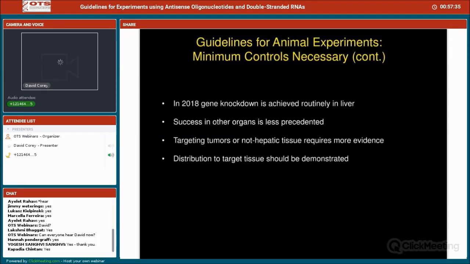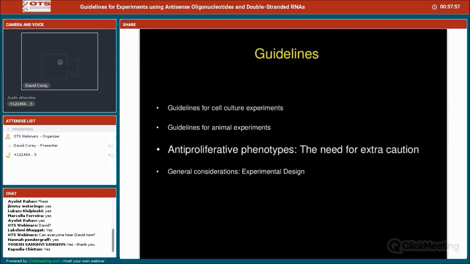In particular, targeting tumors or non-hepatic tissue outside the central nervous system, I would say requires more evidence. In addition, we know that oligo gets delivered to the liver. If you're going beyond the liver, it would be very, very helpful to do experiments that also demonstrate that you're getting distribution to target tissue.